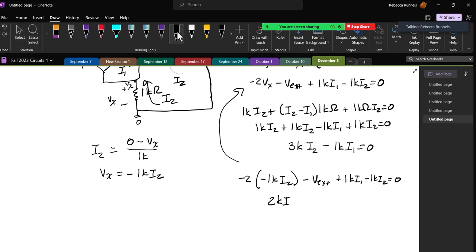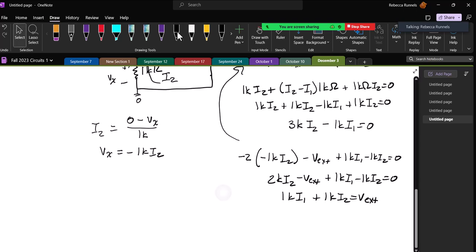So 2k I2 minus V external plus 1k I1 minus 1k I2 equals 0, or 1k I1 plus 1k I2 equals V external.